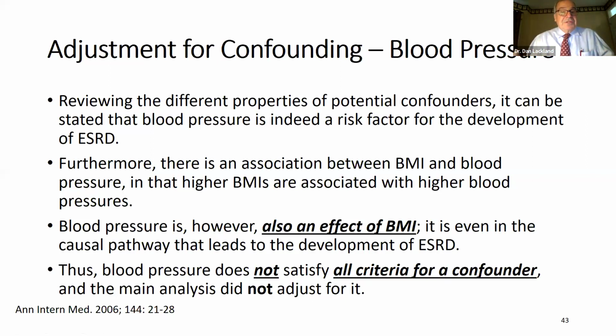So in this particular case, blood pressure does not satisfy all the criteria for a confounder, because it's in that causal pathway. And again, the main analysis should not include blood pressure as a confounder.